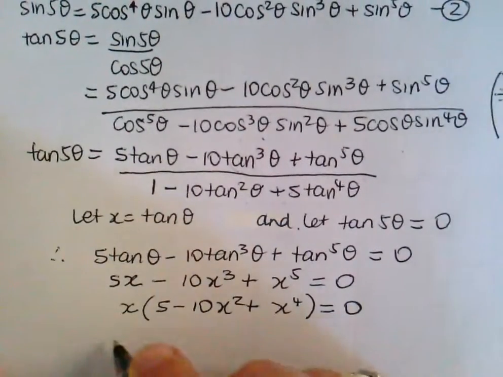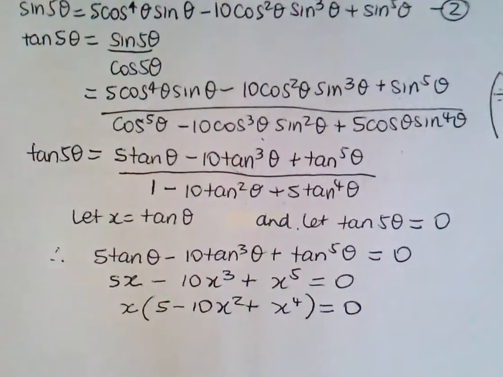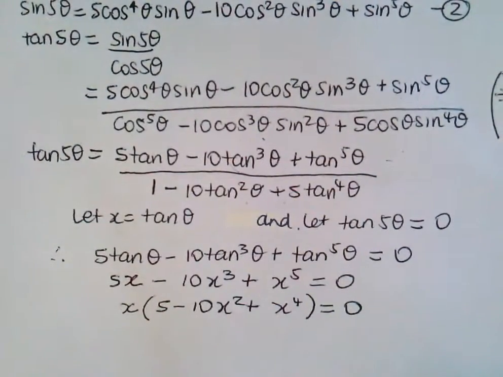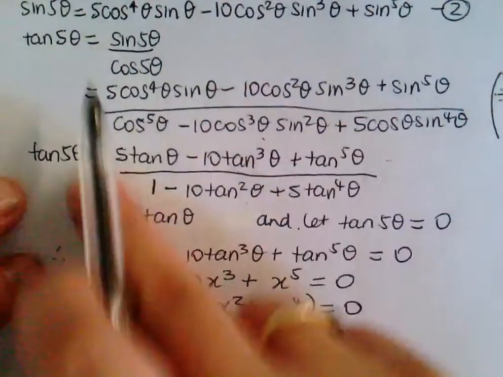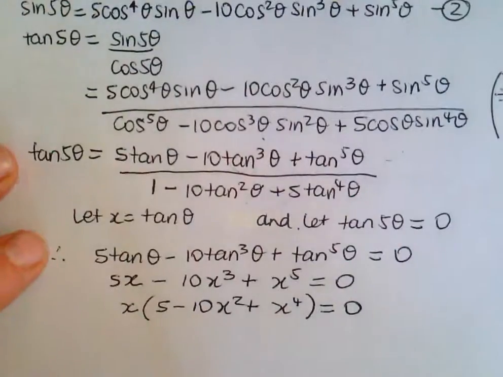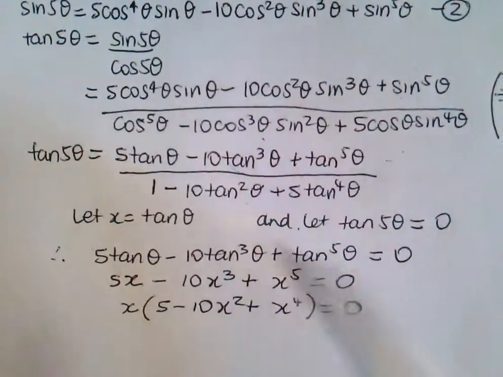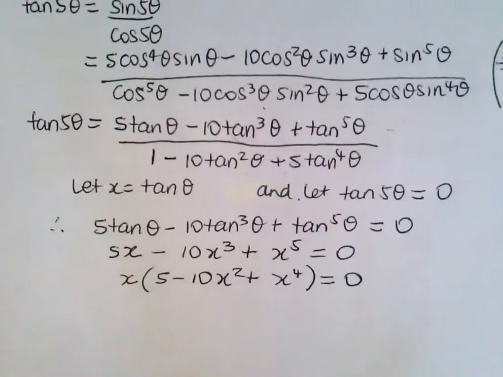So, if I want to solve that, the reason we're putting this equal to 0 is we're trying to find the roots of the polynomial. That's why. So when you get a polynomial, put it equal to 0, you're finding the roots of the polynomial. But because all of that equals tan 5 theta, we just say let tan 5 theta equal 0. Of course, the numerator is the one that's going to have to equal 0, not the denominator.